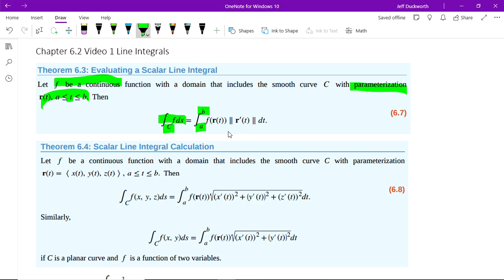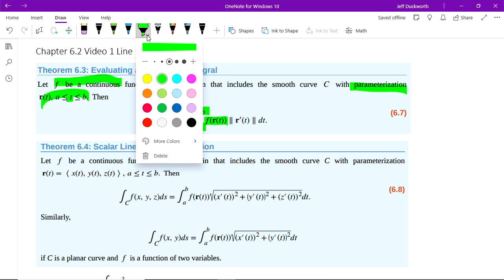And then we're going to take the function of whatever that vector is, r of t, and multiply that by the magnitude. Let me do this in yellow.